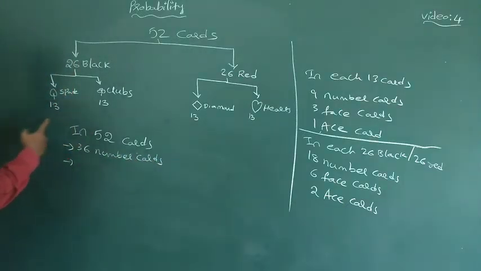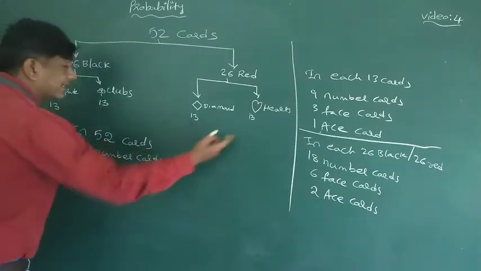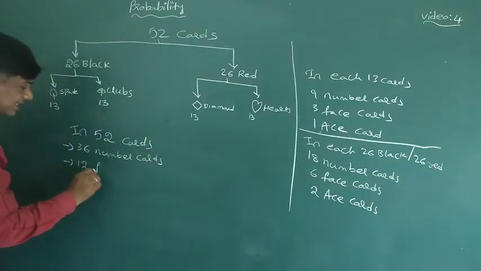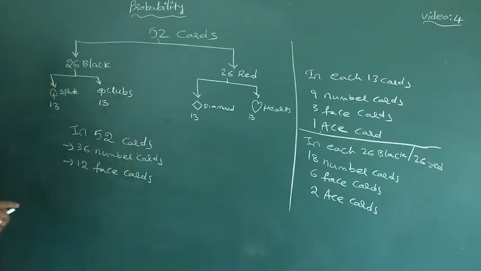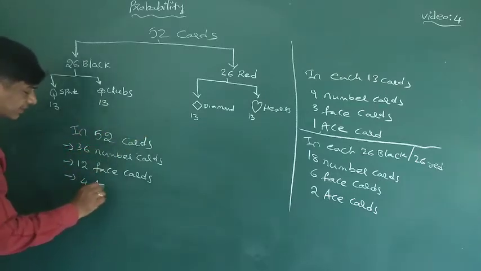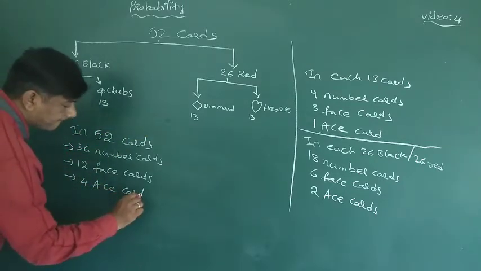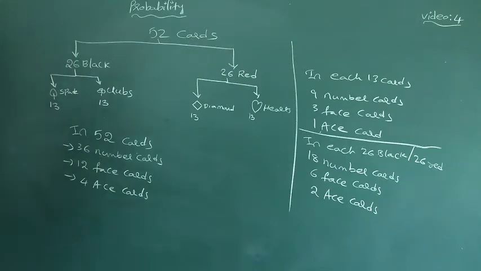And how many face cards will find? Here 3, here 3, here 3, here 3. 12 face cards will find. And 1, 2, 3, 4, 4 ace cards will find.